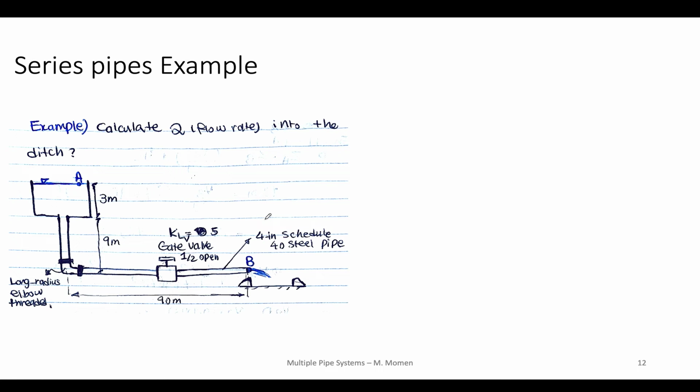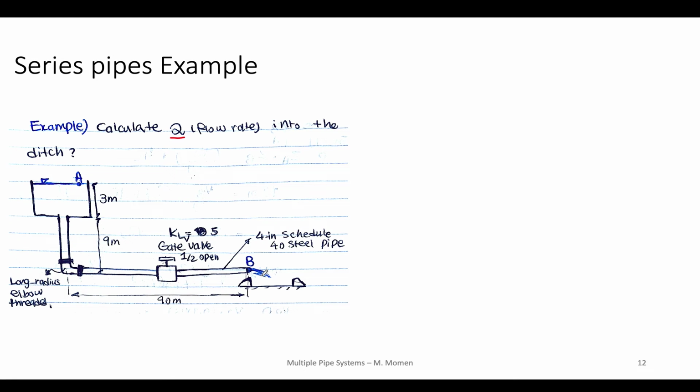Because we want to find the flow rate in this system, and the delta P, or pressure gradient, and also head losses are given indirectly here, and we need to find them. We have to calculate the Q, or flow rate, into the ditch here.